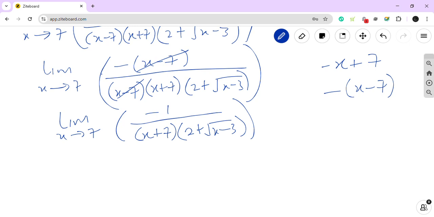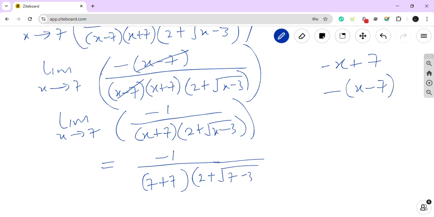We can substitute now. By direct substitution, we have minus 1 over 7 plus 7, our x is 7, into 2 plus root 7 minus 3, and that gives minus 1 over, sorry, this should be 14. 7 plus 7 is 14, right?